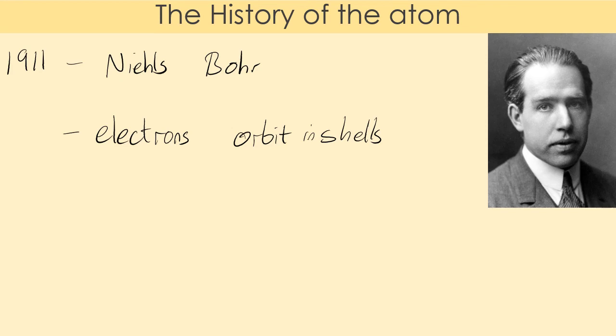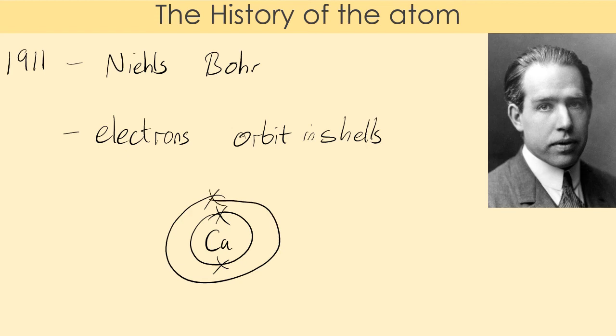And that's where we start getting our 2, 8, 8 from. So if we look at calcium, we have our 2 electrons on the first shell, and then we get more electrons as we go around and we increase in energy levels.